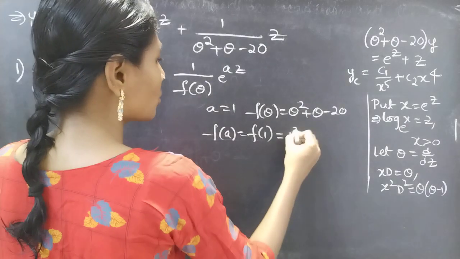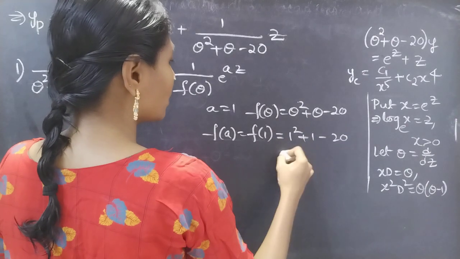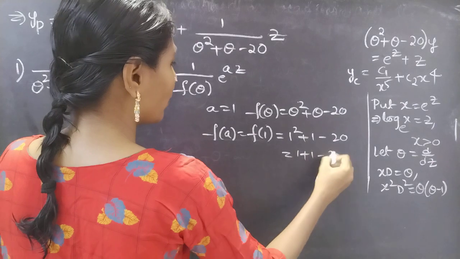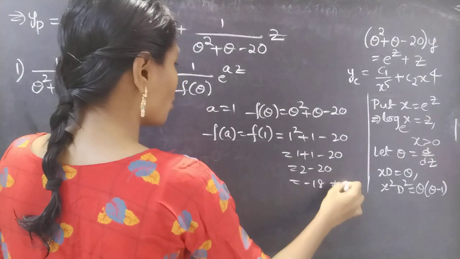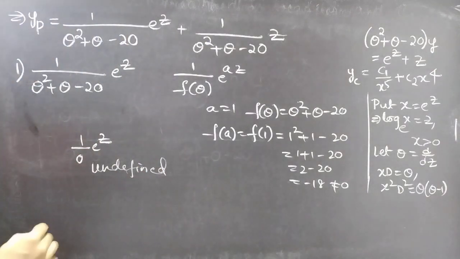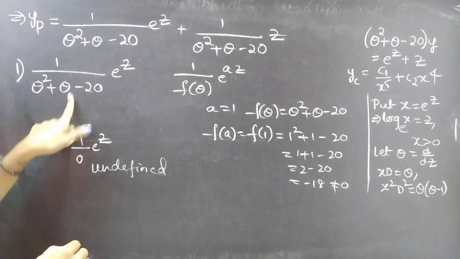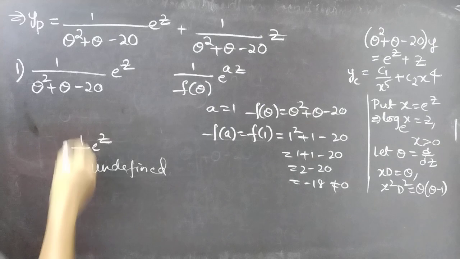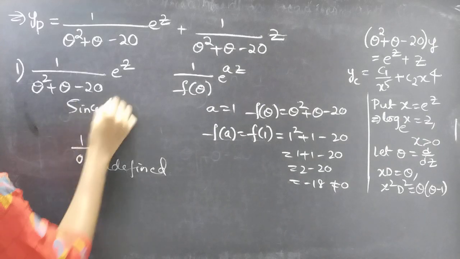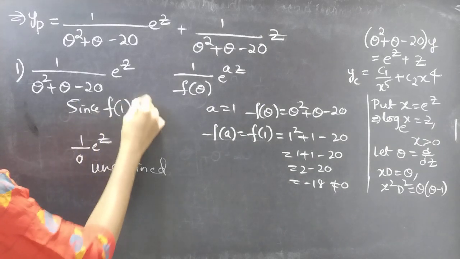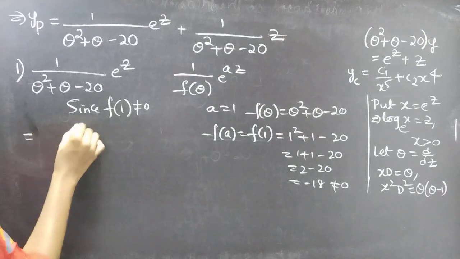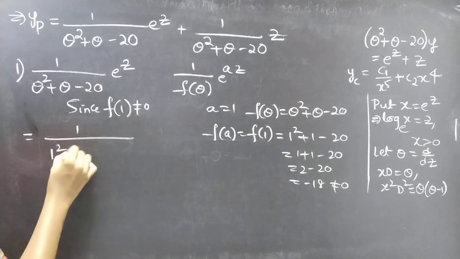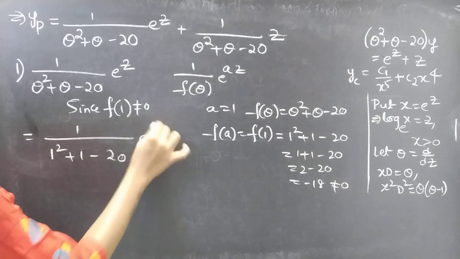This is equal to 1 square plus 1 minus 20, equal to 1 plus 1 minus 20, which is 2 minus 20, is minus 18, which is non-zero. Since by replacing theta by 1, we got the denominator non-zero, so we can replace theta by 1 in the denominator. We'll get 1 square plus 1 minus 20 into e power z.